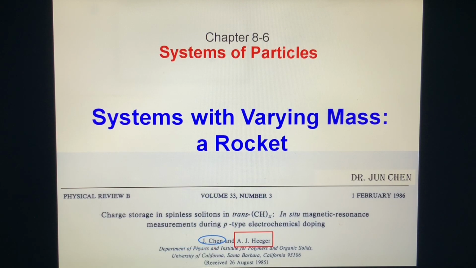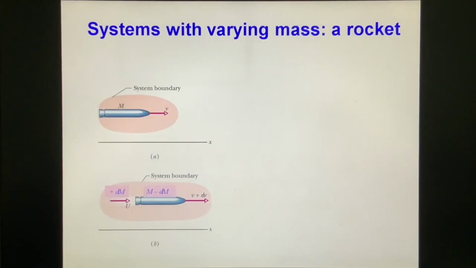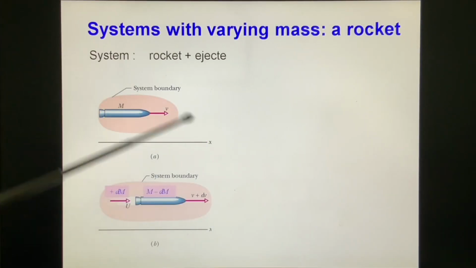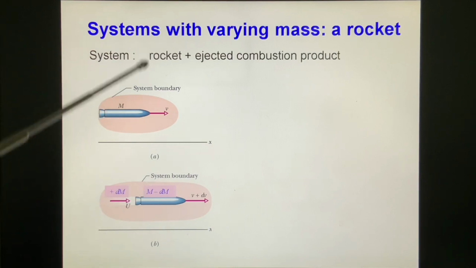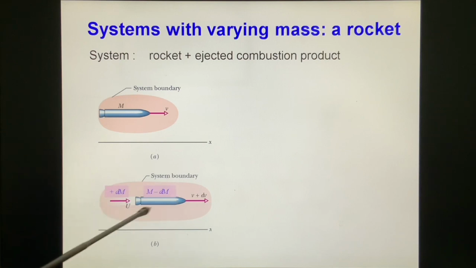Systems with varying mass: a rocket. The system is a rocket. We eject our combustion product, so this system has two parts.